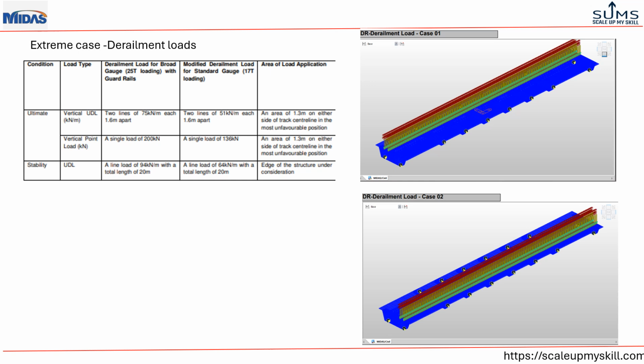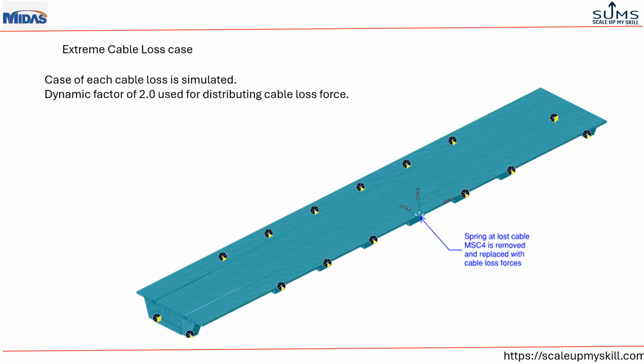Extreme cases of derailment loads are also considered in transverse design as seen here. Second extreme cases are cable loss cases, which are also considered as shown here. Here the dynamic factor for cable loss is considered to be 2.0, and let me explain how this cable loss force is applied.